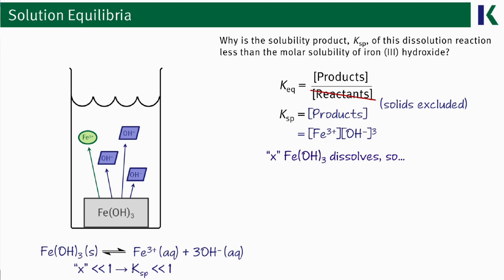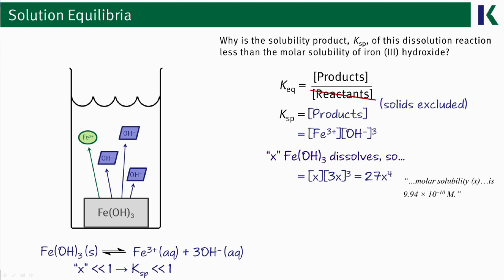We can actually look back at the figure to see this. Each iron 3 hydroxide dissolving created 3 hydroxide ions, which means we have to multiply X by 3 when we're trying to calculate how much OH we formed. So KSP is equal to X times 3X cubed. Multiplying through, this gives KSP is equal to 27X to the 4th power.